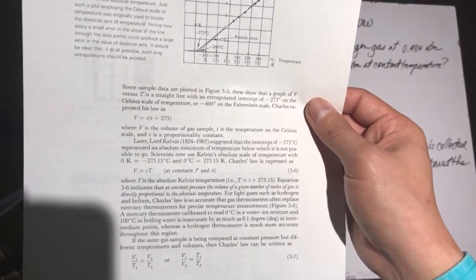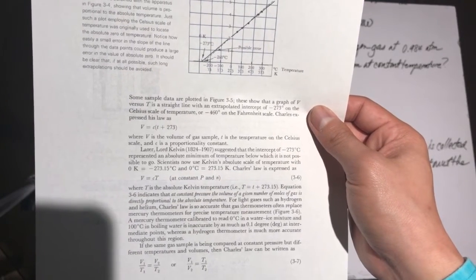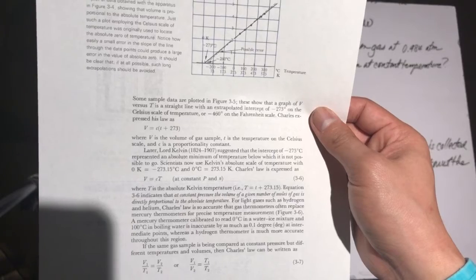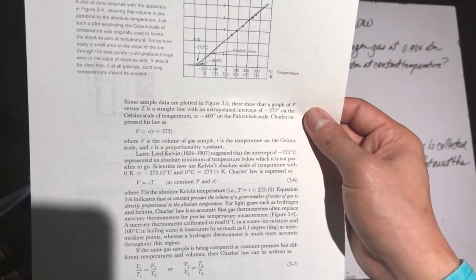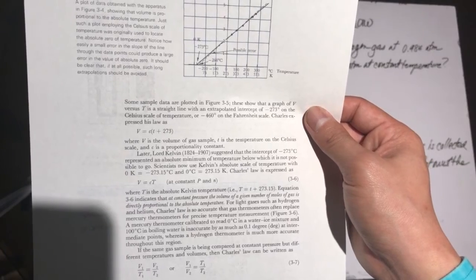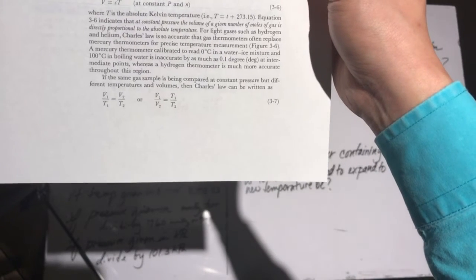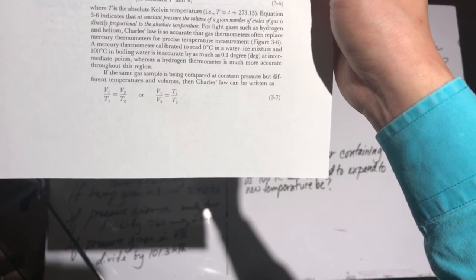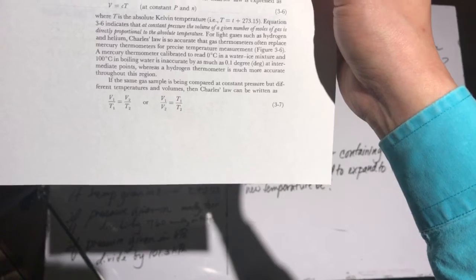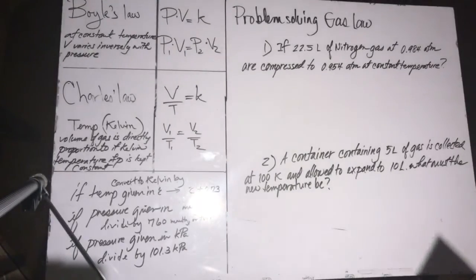This is a graph relating volume and temperature. It is directly proportional. For example, as the volume increases, the temperature increases as well. And that's how we came up with this formula: V1 divided by T1 is equal to V2 divided by T2, but the temperature must be in Kelvin.